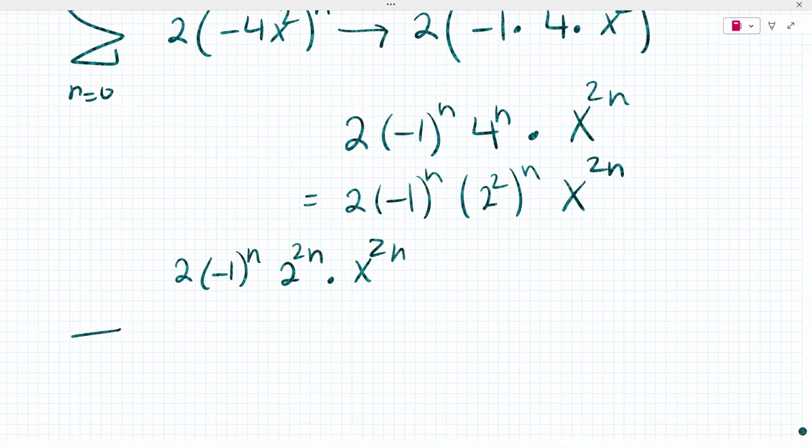And we get the summation of negative 1 raised to the n times 2 to the 2n plus 1 times x to the 2n.